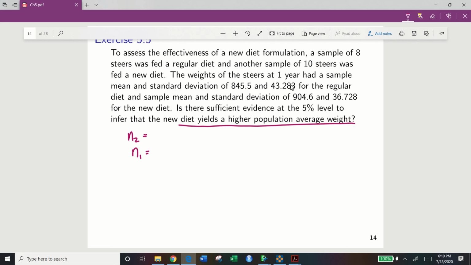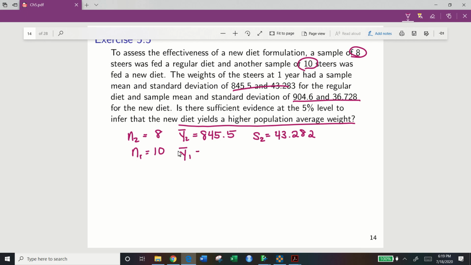So that means our regular diet had a sample size of 8, a sample mean of 845.5, and a sample standard deviation of 43.282.